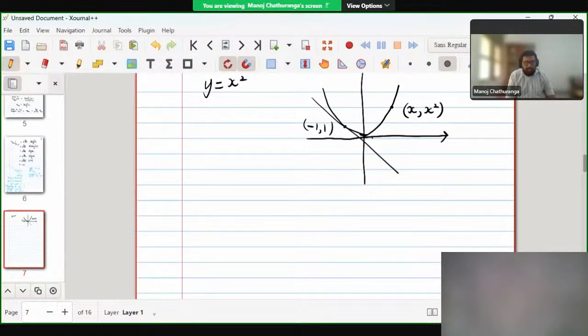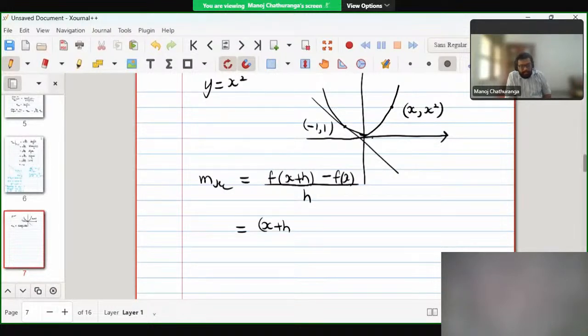So the slope of the secant line would be f of x plus h minus f of x divided by h, right? Y coordinate difference divided by x coordinate difference. So this is x plus h square minus x square divided by h.